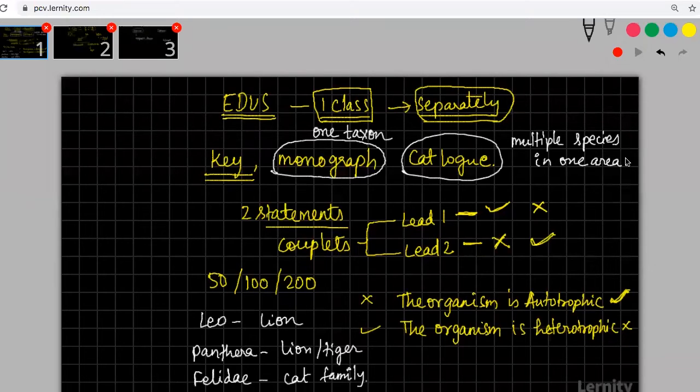So I can write about anything, especially the flora or fauna with respect to one particular area. Okay, so that is what we call a catalog. So hope you are able to understand all these things. Okay, so this is what is key: monograph, catalog.